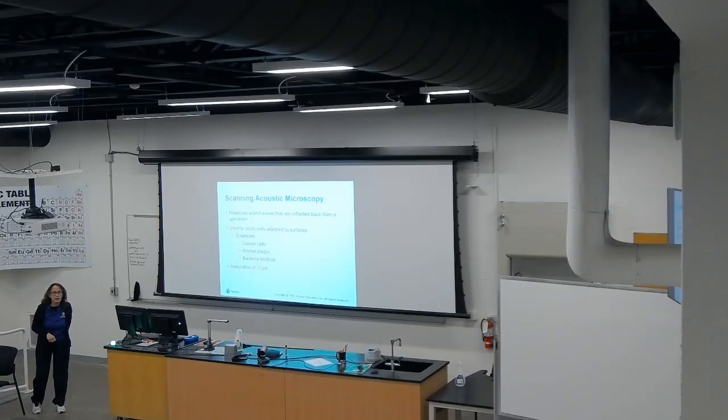Now we have another microscope. It's called SAM, Scanning Acoustic Microscope. This one is just like an ultrasound. So it sends, with a little device, sound waves into the object that you're studying.